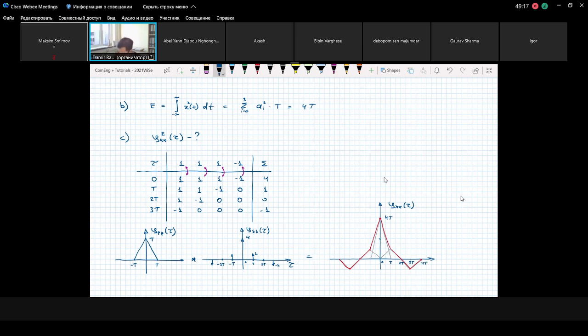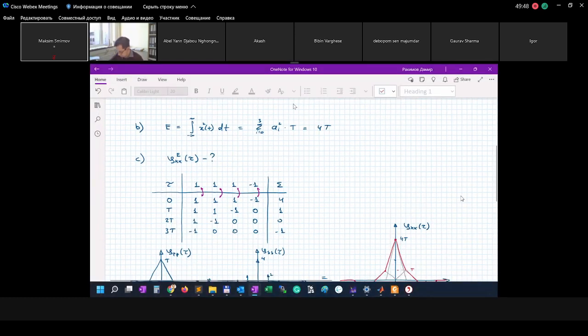And afterwards, it will be 0, because we have finite duration for our signal. So this is how our autocorrelation function will look like, and that is what we have for part C. Okay, if you have any questions, you are welcome to write in the chat. And we go to the next part.